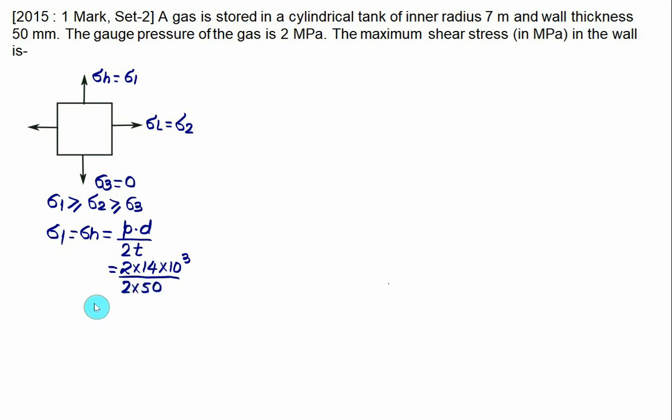So we get sigma 1 equal to 280 megapascal. This 280 megapascal is sigma h, and therefore sigma 2 equals sigma L, which is half of the hoop stress. 280 divided by 2 is equal to 140 megapascal.